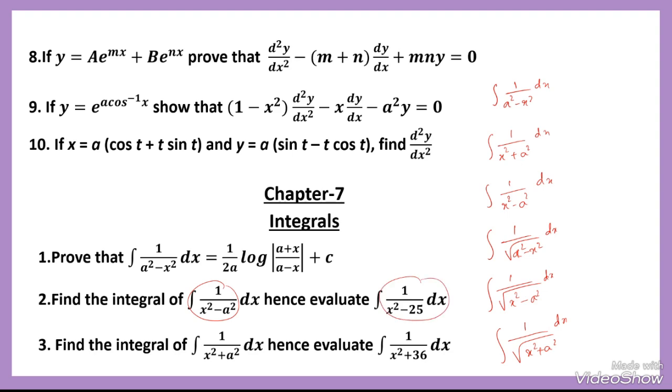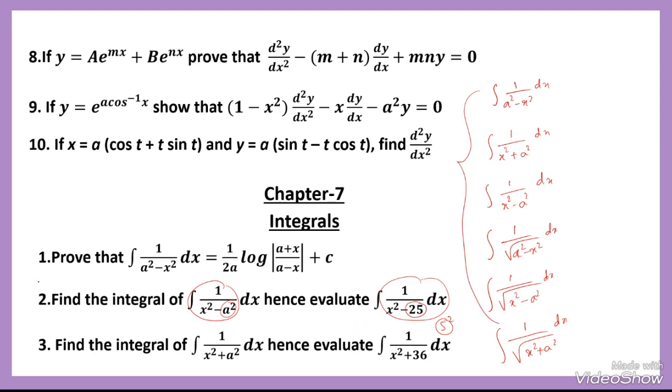While finding the integral, 25 can be written as 5 square. Wherever a is there, you have to substitute a by 5 in the integral. You will get the result. These are very important integrals. One question will be asked from these 6 integrals.